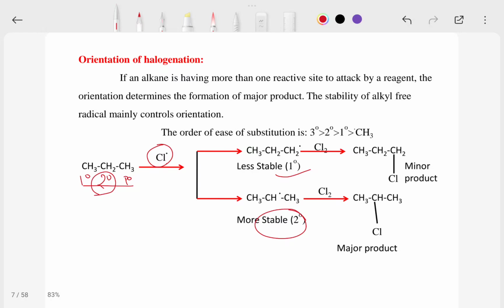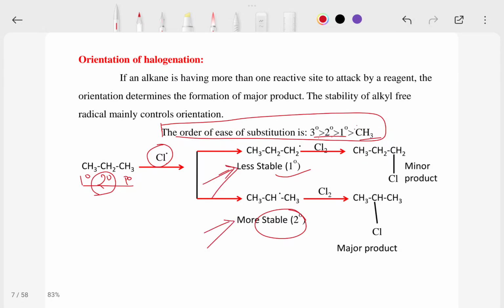Already you know that the ease of substitution is tertiary greater than secondary greater than primary greater than CH3 dot.